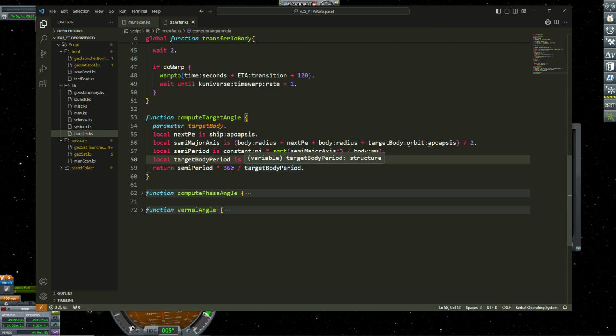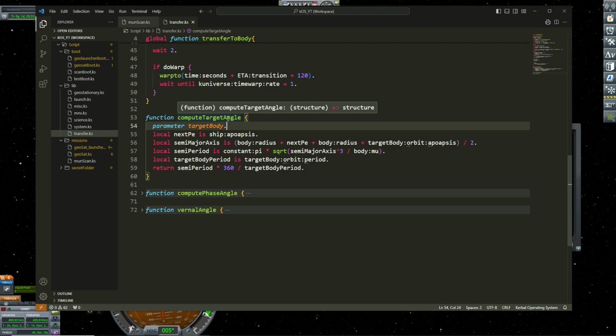And then you just do your proportionality here. Okay, so my semi-period multiplied by 360 divided by the target body period. So this is the angle the Mun needs to go from its actual position to encounter the position of my ship. Okay, so this is the target angle. So this is the moment when the Mun reaches that angle. I want to start my burn at that moment.